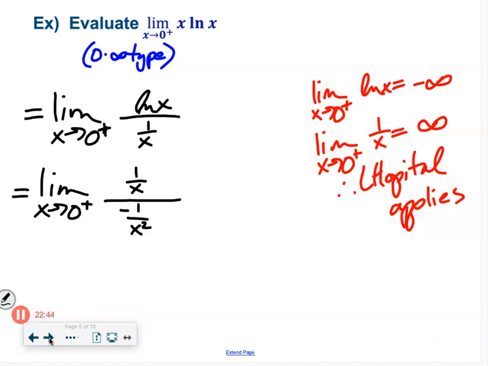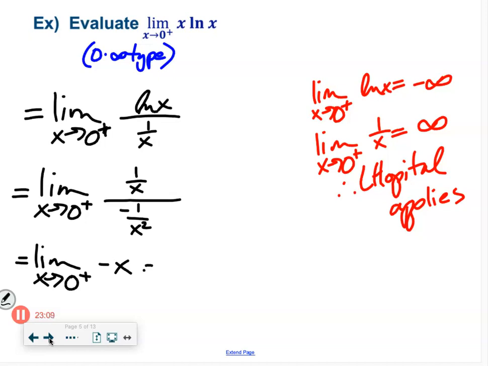Before you start trying to evaluate your limit, always clean it up, right? So this is equal to the limit as x approaches 0 from the right of what? Negative x. Just negative x, right? You flip this, put it up there, get negative x squared over x, which is negative x.